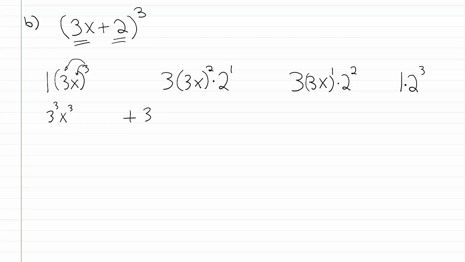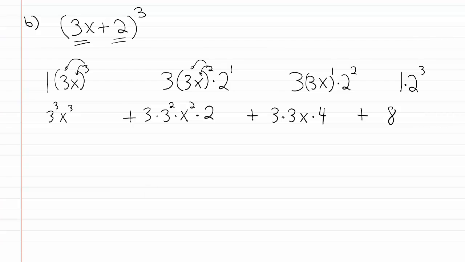So we'll have 3 times 3 squared, x squared, times 2, plus 3 times 3x times 4. And then finally, we'll have 1 times 2 to the third, or in other words, just 8.